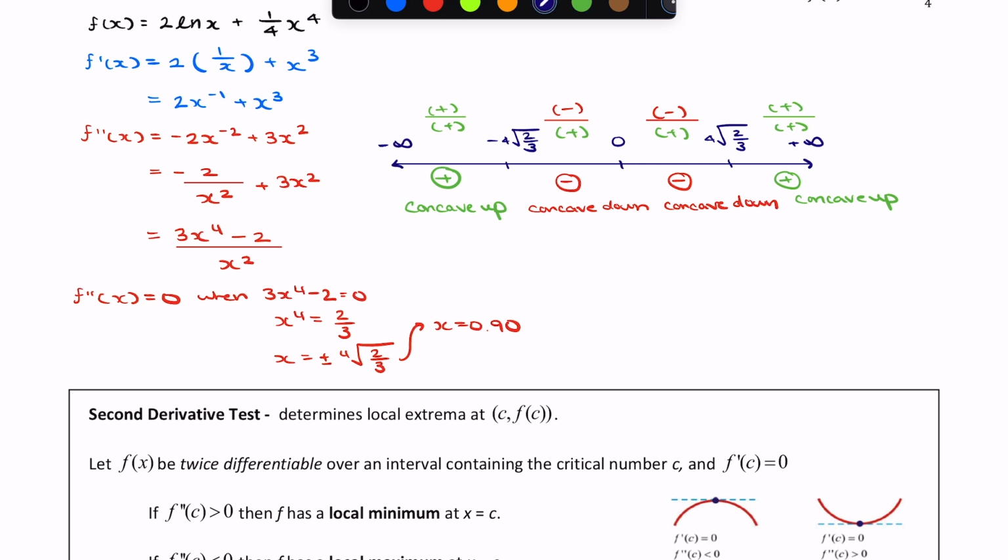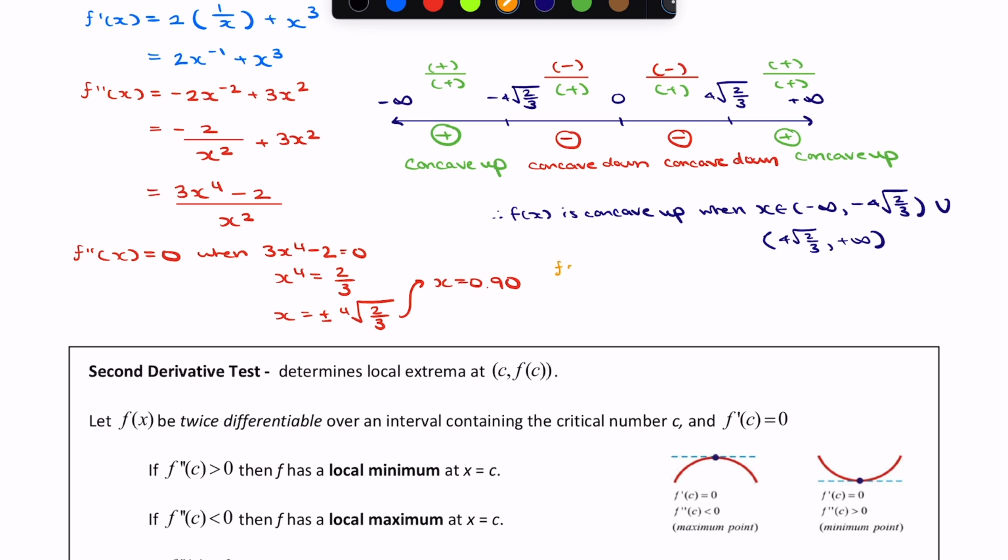So here you can see that therefore f of x is concave up when x is between negative infinity and negative fourth root 2 over 3, and also when it is between fourth root 2 over 3 and positive infinity.